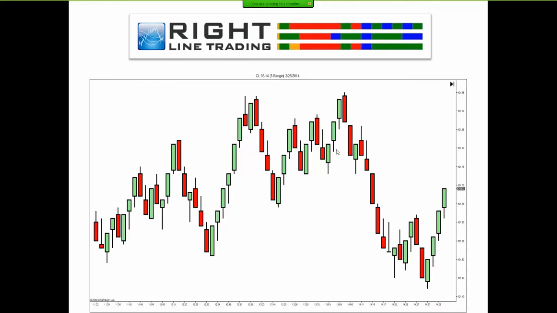But other than that, and I've read all of Steve Nison's books on candlestick formations, I think they give you excellent information. Don't get me wrong. A candle without a wick tells you that there's a lot of selling or buying pressure.